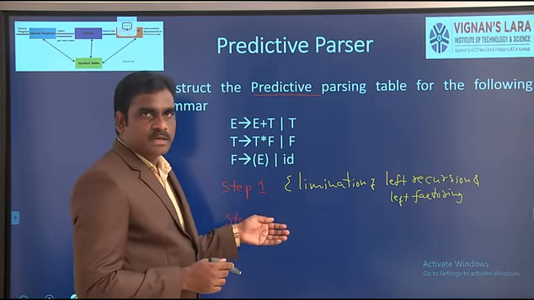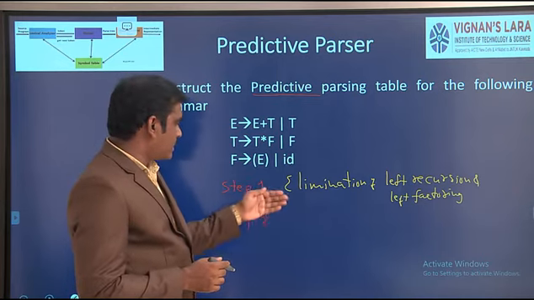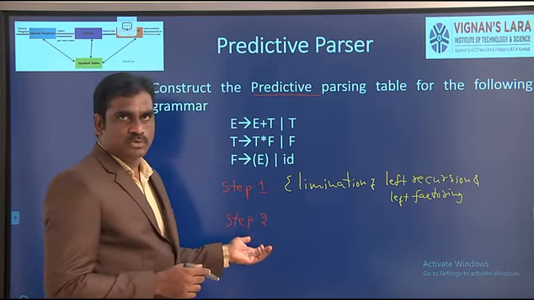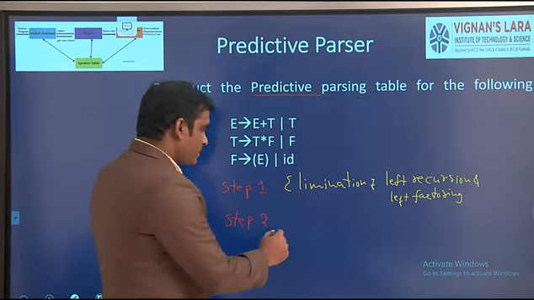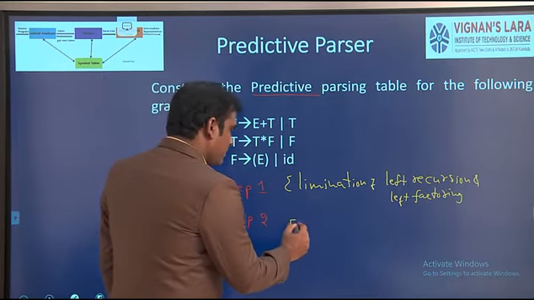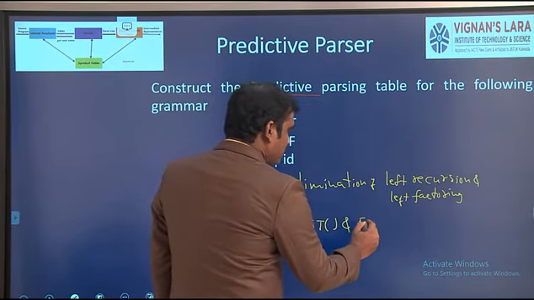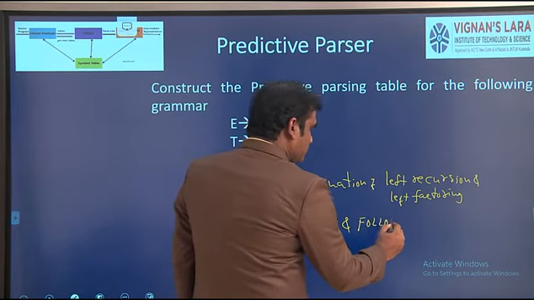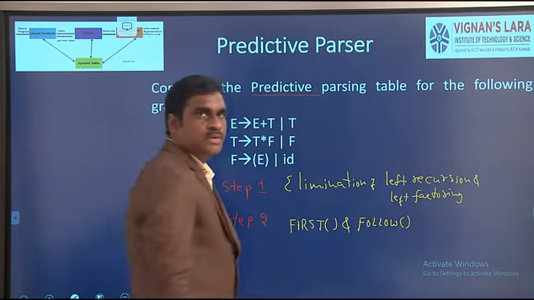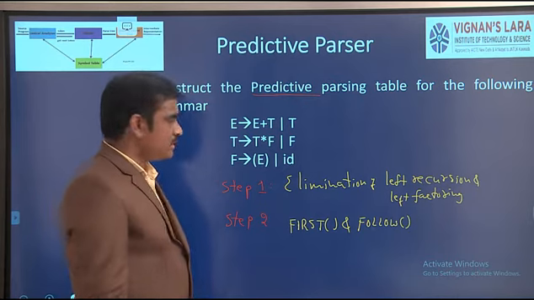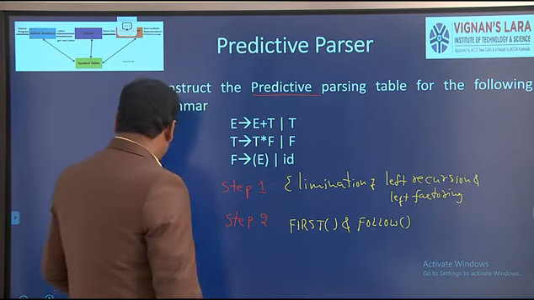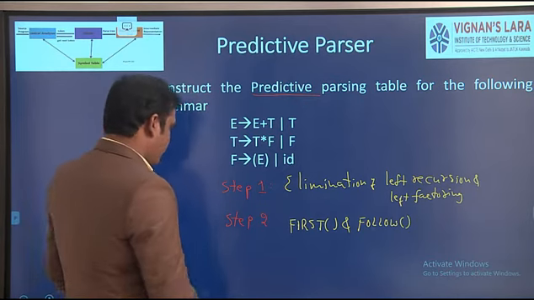The resultant grammar comes as input to step two. So in step two, we have to calculate the first and follow functions. That is step two.